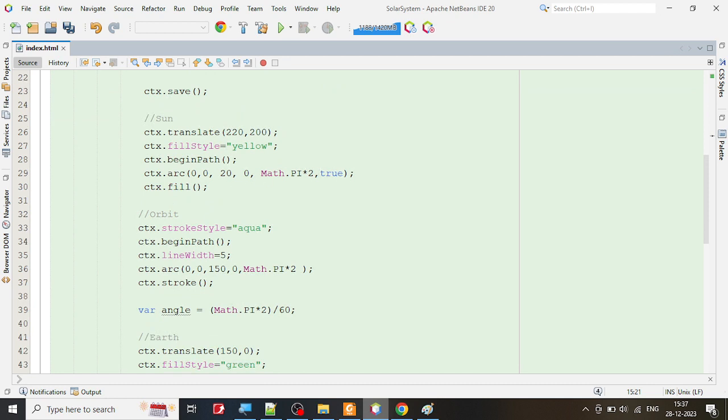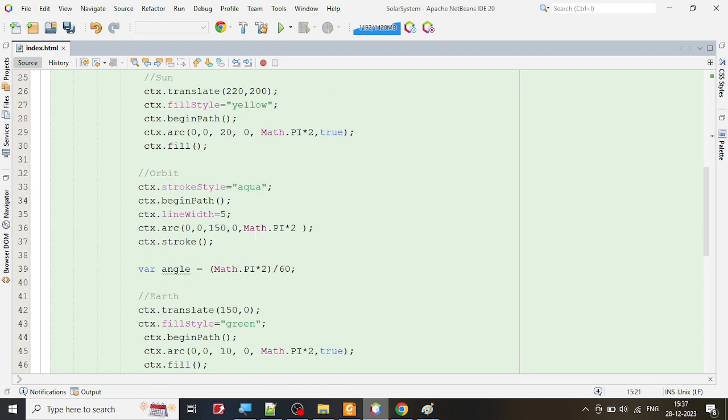Okay, so let's look at this thing over here. Once I draw this particular earth, I have to keep on rotating it, is it not? So somewhere I have done this thing over here. Now I have to rotate this whole thing.